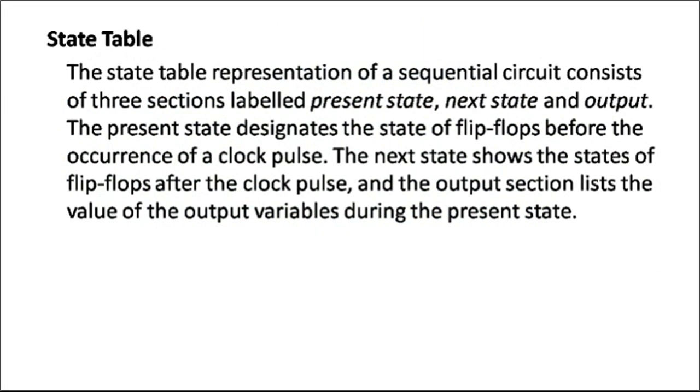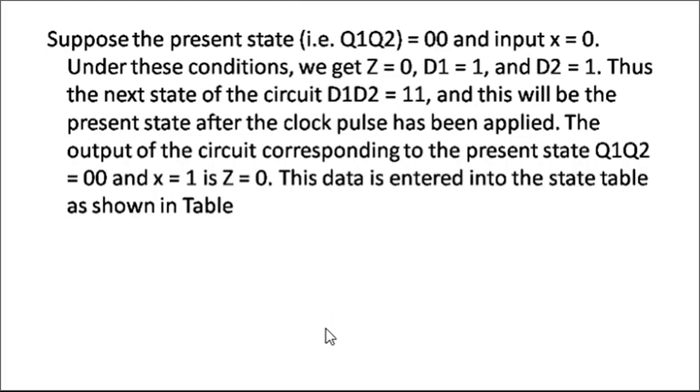Okay, now see the state table. A state table is a representation of sequential circuits, consisting of three sections: present state, next state, output. See how they are represented. Suppose present state is Q1 Q2, 0 0, input is 0, then we get output 0. We'll see in the table.